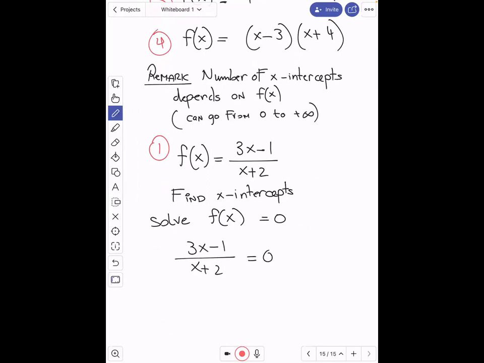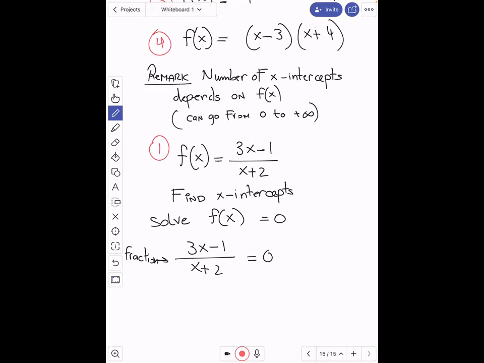All right, guys, whenever you have a fraction, and this is just a quotient or a fraction, equal to 0, it means that the top is 0. Matthew, you're saying 1.5 for number 1? Actually, no, as I said, it's going to be 1/3.